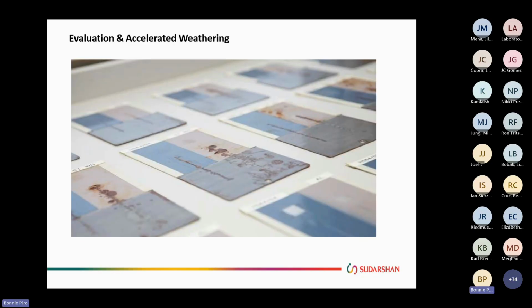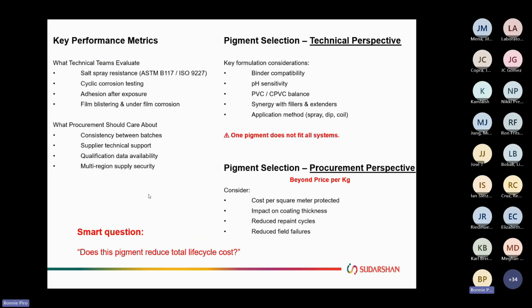So a little bit about how these are evaluated. Accelerated weathering is certainly one of the aspects that we do. So some metrics to consider when selecting products.